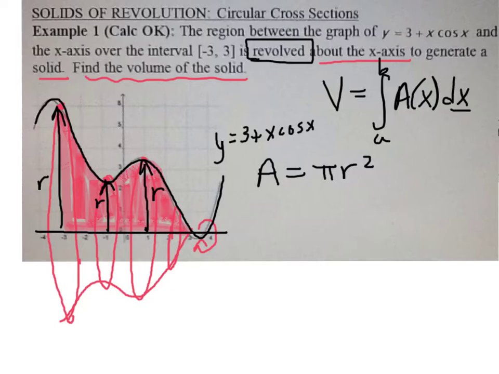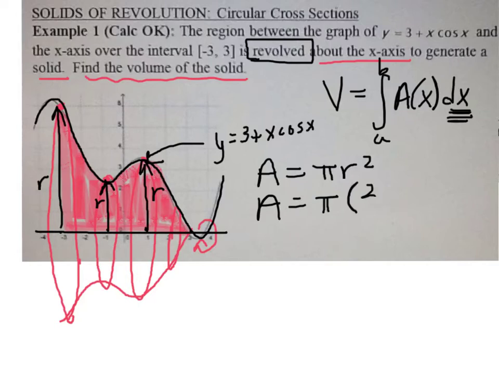And since we're trying to integrate in terms of dx, adding all these circles from left to right, we need to come up with a way to relate the radius and the x values. Since the function is defined as 3 plus x cosine of x, and the radius is the y value at all the different points along -3 until 3, we can just substitute it in.